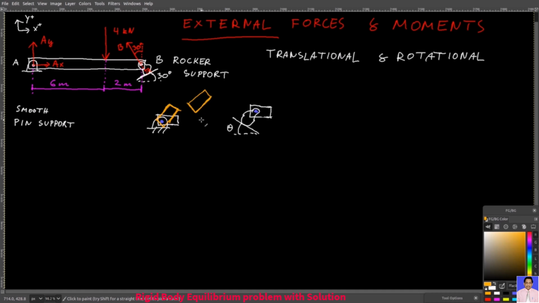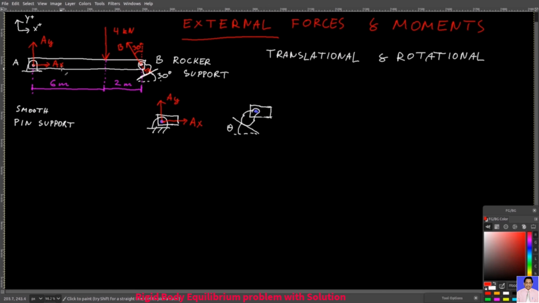You cannot do that. Therefore, this pin provides resistance to translation in all directions. Therefore, this pin can generate reaction forces both horizontally and vertically. And that's what you need to put on the free body diagram.